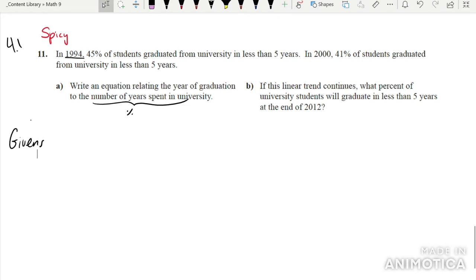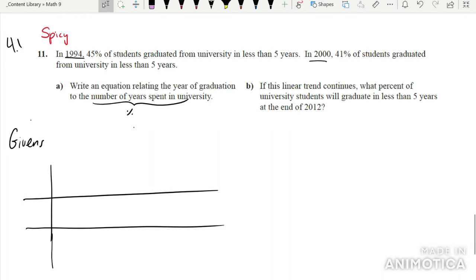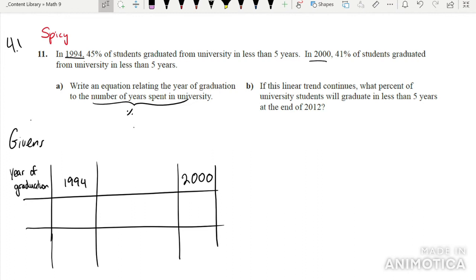So it tells me the years of graduation. So I'm going to actually make a column table, and I'm going to make a third column, and you'll see why in a second. So I'll have year of graduation. So I have 1994, and I'm going to make a gap because there is a 6-year gap between these two.